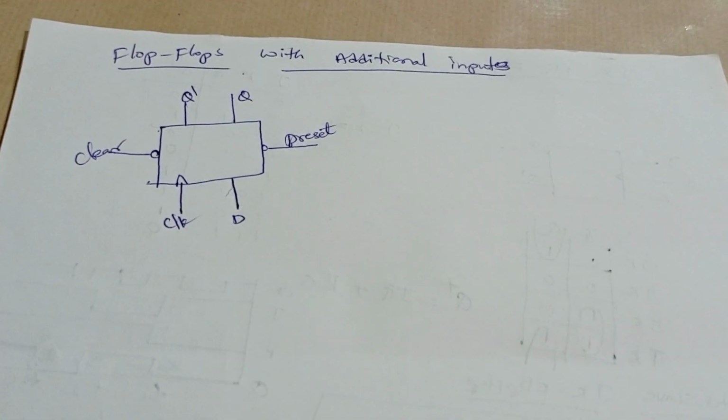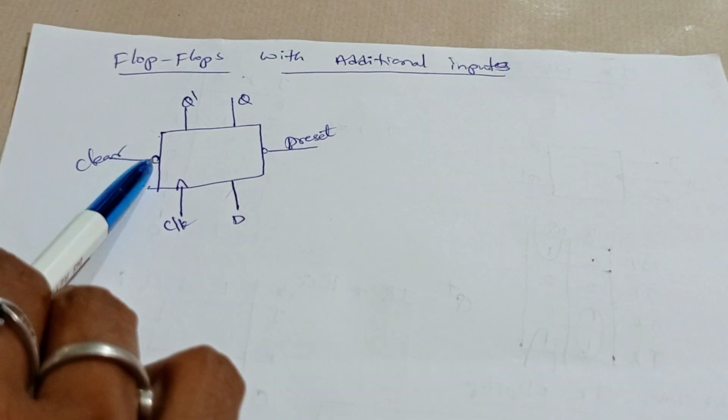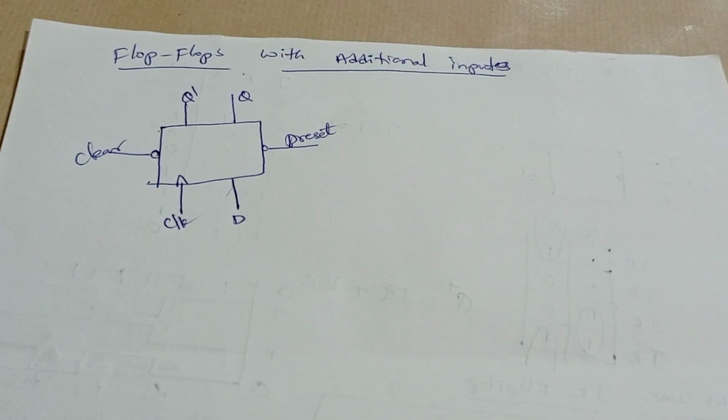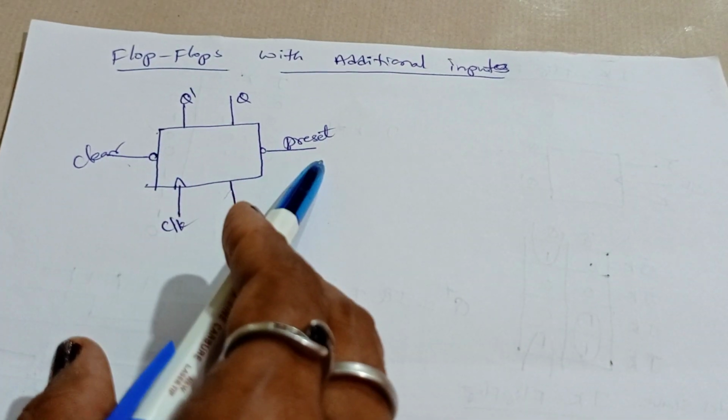This type of input is often referred to as active low because a low voltage or logic 0 will activate the clear or the preset function.